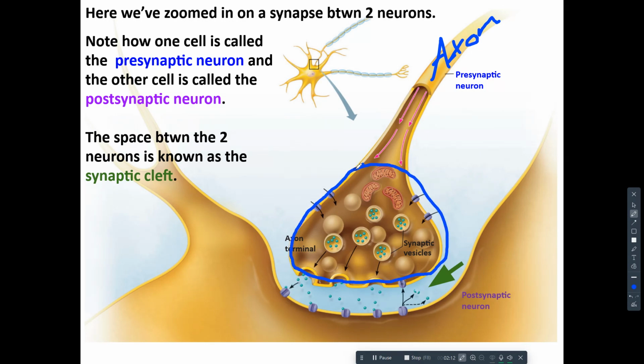And the axon terminal is coming right up against the cell body. So here's the soma, the cell body of another neuron. Now this guy is my postsynaptic neuron. Notice there is a gap, a space between the two neurons. That space is called the synaptic cleft.